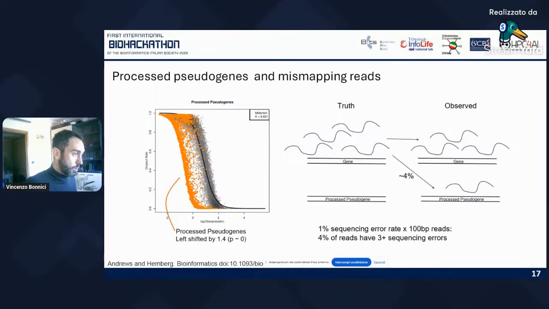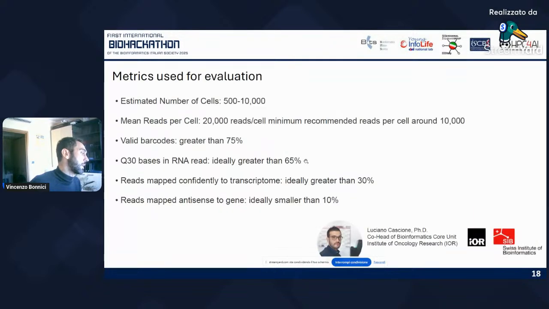So at the end, if you consider them, and if you leave them in the annotation that you have taken into account, to which you are going to map, some of the reads will map to the pseudogene annotation, and because some of these reads will map to this pseudogene annotation, you will lower the abundance of the reads that are going to map to real genes that you are sequencing with your data. So this is just an artifact. Usually, if they are almost 4%, it's better if you remove them from your transcriptome.